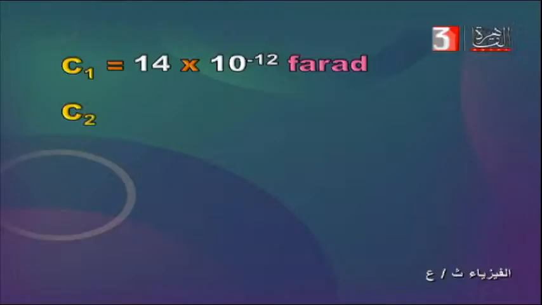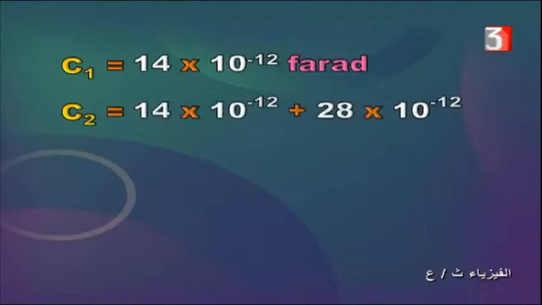What rule to be used here? It is at resonance. And first of all, C1 equals 14 picofarad, so it is 14 times 10 power negative 12 plus 28 times 10 to the power of negative 12.